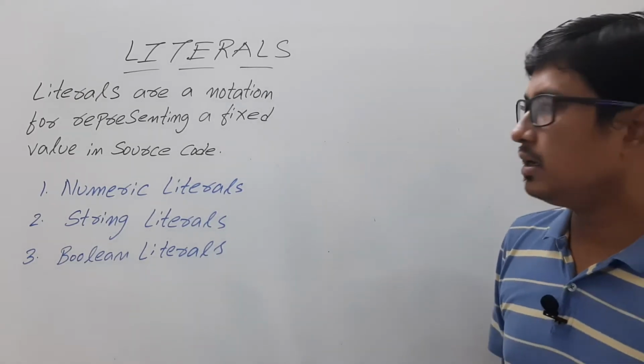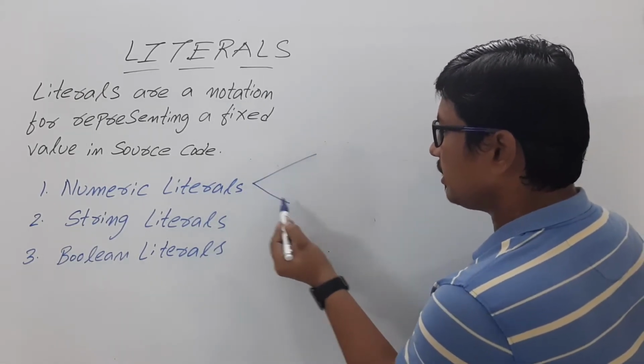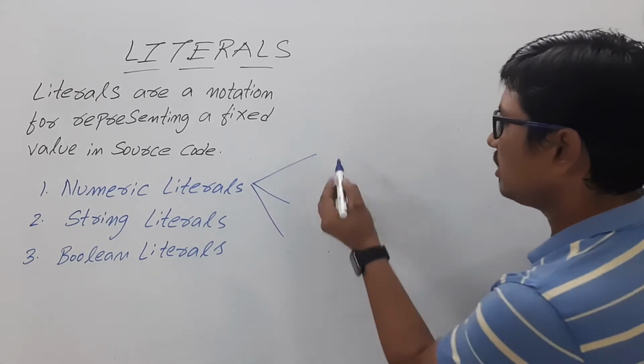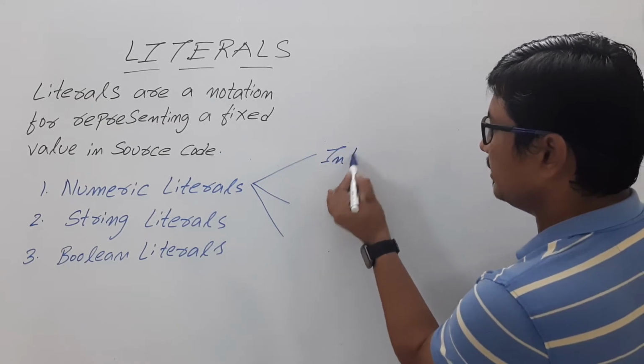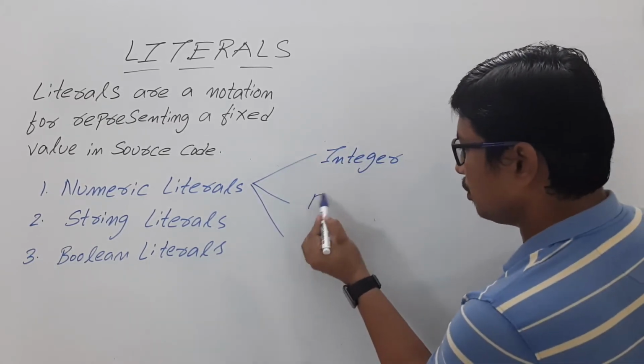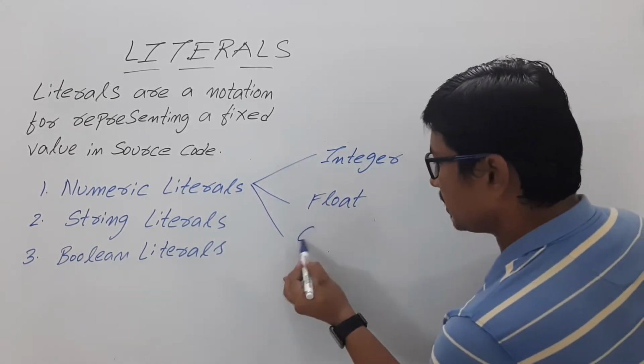Is it clear? Now coming to the numeric literals, again these numeric literals are classified into three types. One is an integer, another one is float, and another one is the complex.